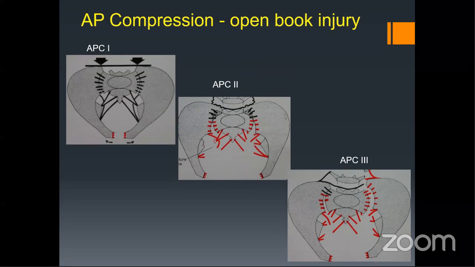So the anterior sacroiliac ligaments are disrupted as well, but the very strong posterior sacroiliac ligaments stay intact. So you get what we typically see as the open book type fracture. And then finally, the APC III is where the posterior sacroiliac ligaments go as well. Then you get something more akin to a vertical shear injury, where there's no inherent stability to one of the hemipelvises.